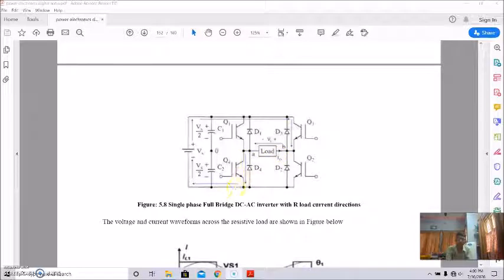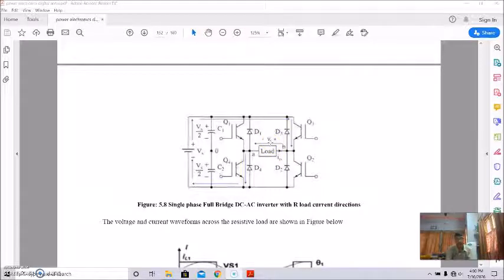So this is the path. Follow this path. Don't be confused, because these diodes are not conducting, because they are in reverse bias conditions. So current is flowing from B to A. As a result, the load voltage will be minus Vs.